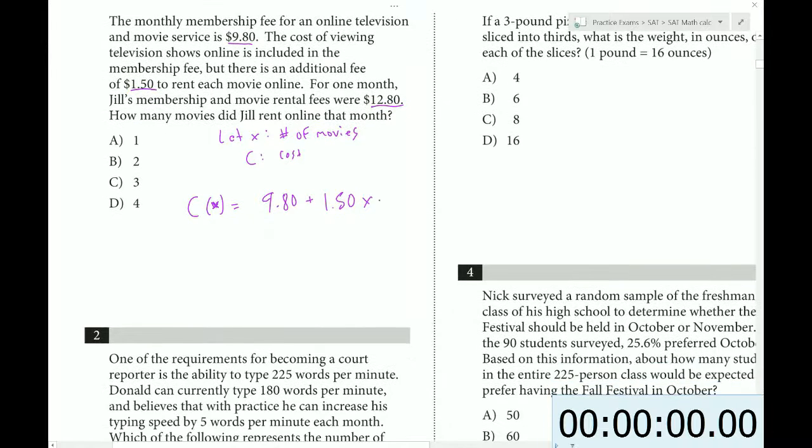For this particular month, that was equal to $12.80. To solve for X, we subtract $9.80, which gives us $3. $1.50x equals $3. Divide by $1.50, and that gives X equals 2. So there were 2 movies rented.